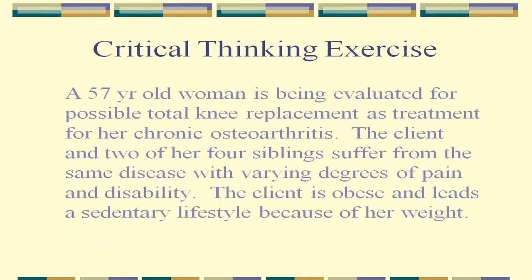Okay, so we have a 57-year-old woman that's being evaluated for a possible total knee replacement as treatment for her chronic osteoarthritis. The client and 2 of her 4 siblings suffer from the same disease with varying degrees of pain and disability. The client is obese and leads a sedentary lifestyle because of her weight.